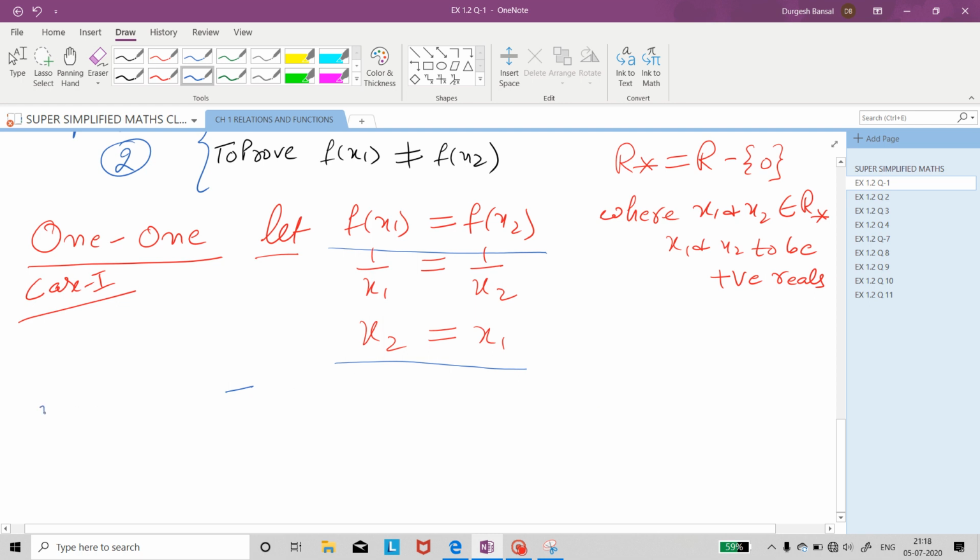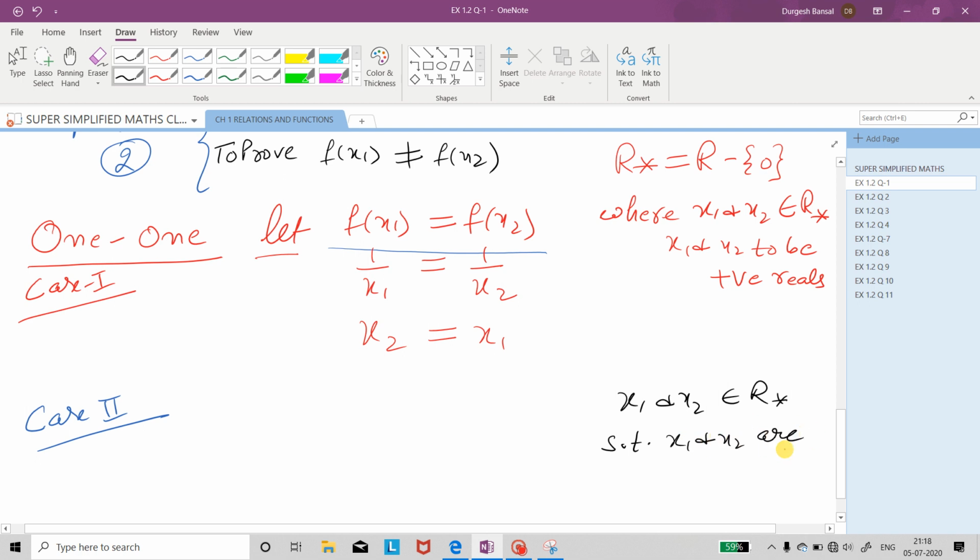So case 2. At this step I cannot decide whether the function is 1-1 or not, because I have taken only one category of number. Case 2, I am taking x1 and x2 belonging to R star such that x1 and x2 are both negative.